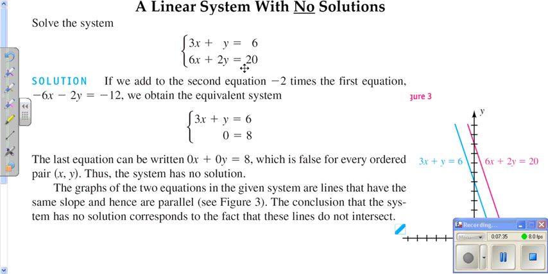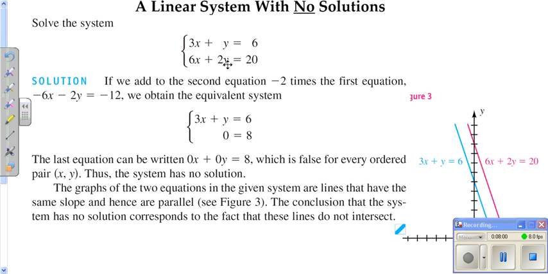Well, if we go ahead and solve this, we'll end up getting a 0 equaling an 8, meaning like a 0x plus a 0y equals 8. Well, it's obvious that 0 does not equal 8. So that's a false statement. False meaning they have nothing in common. They would be parallel lines.